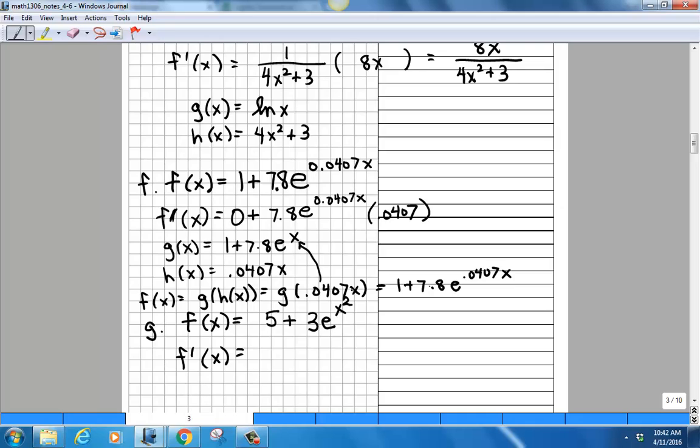So again, compare that with your neighbor. Don't get caught flat-footed here.